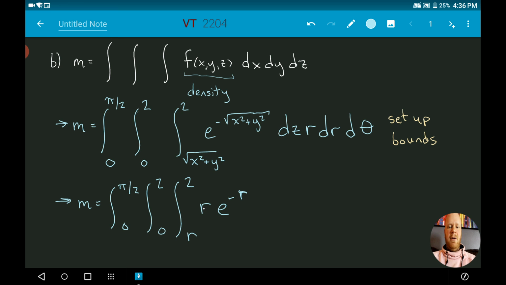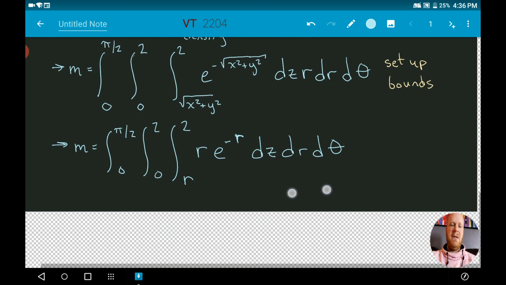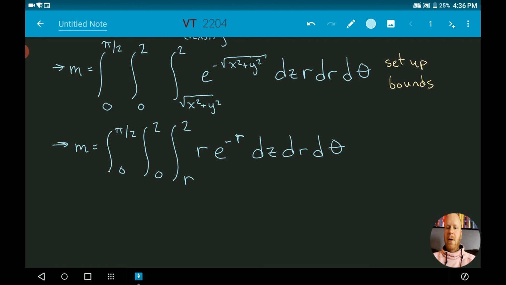So here, the simplest way to write it is just r e to the negative r. I already took care of this r, so all that's left to do is write my dz dr d theta, and that concludes the solution.